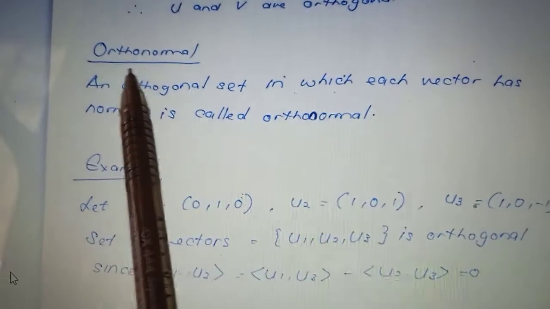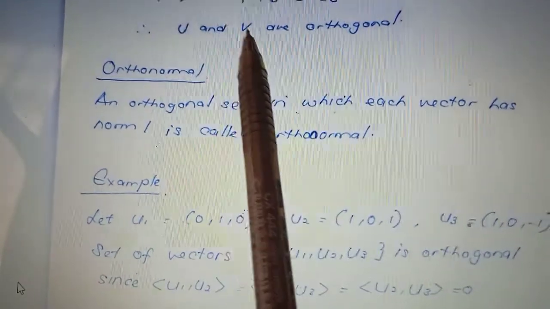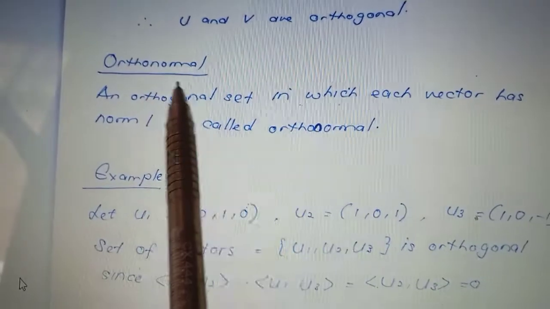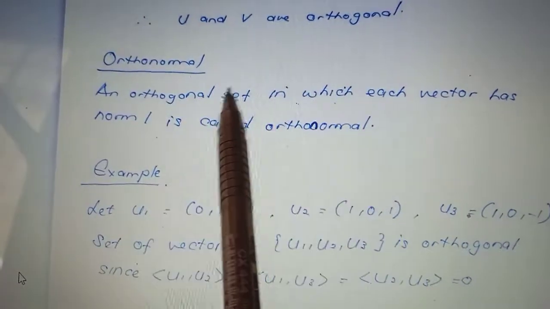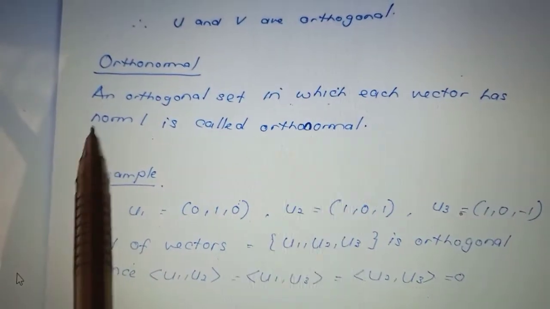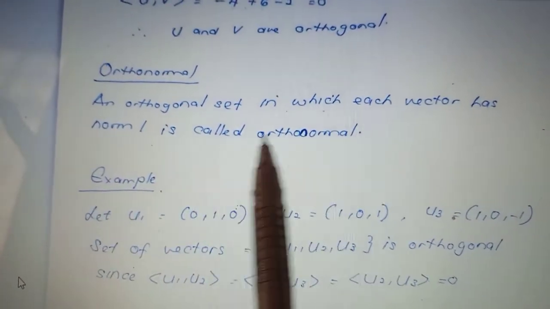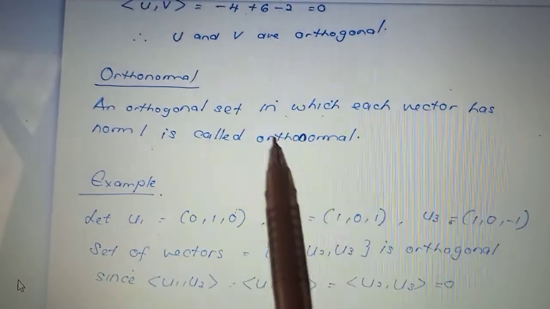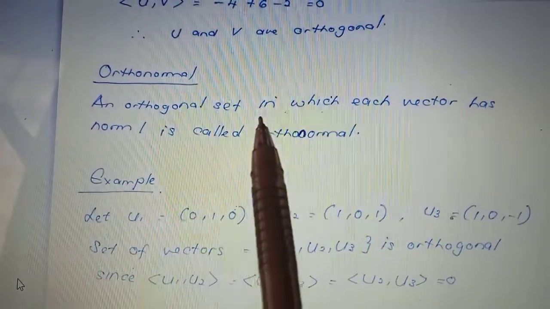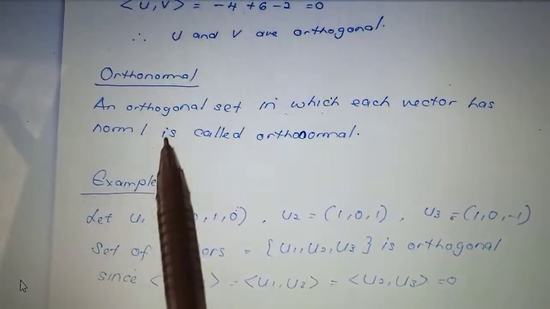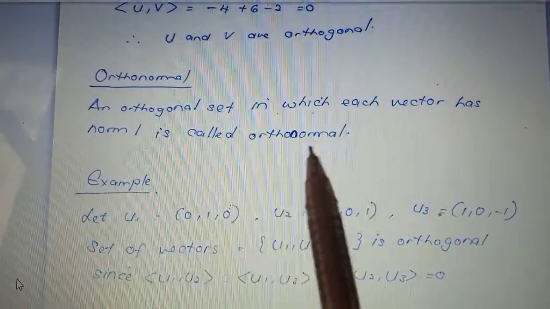Next is orthonormal. Earlier was orthogonal and this is orthonormal. What is orthonormal? An orthogonal set in which each vector has norm 1 is called orthonormal. For vectors which are orthogonal to each other, if each vector has norm 1, we call it orthonormal.